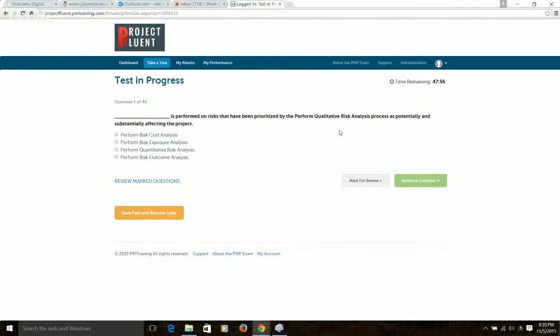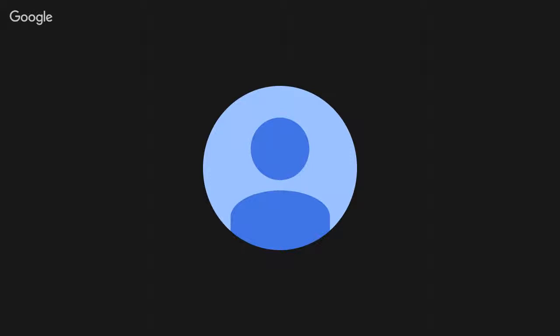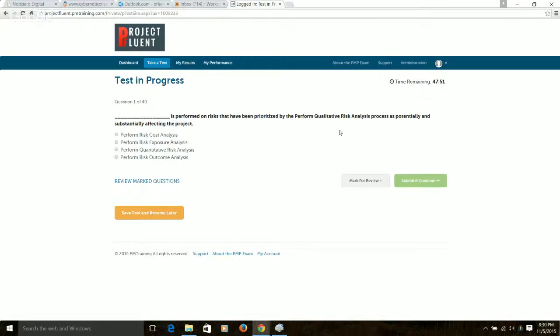Question number one. Can you see the question? Nah, it's going to be hard to read. Go ahead, I'm going to read it for you. Blank is performed on risks that have been prioritized by the performed qualitative risk analysis process as potentially and substantially affecting the project.